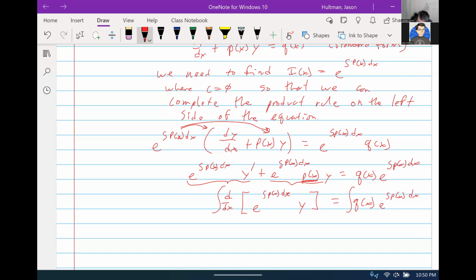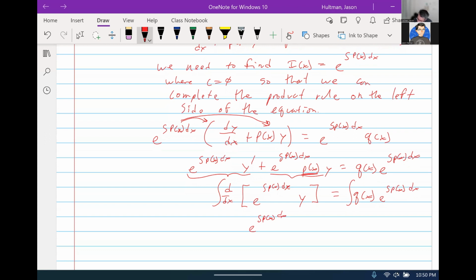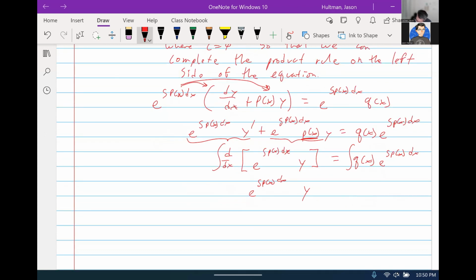And so this would become e to the integral P of X dx, which I'm going to call y of x, is equal to the integral of Q of X times a function of X. The integral here would give me a function of X times Q of X, and we'd end up having to integrate that, probably by integration by parts.